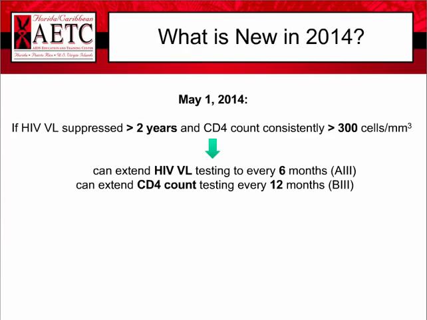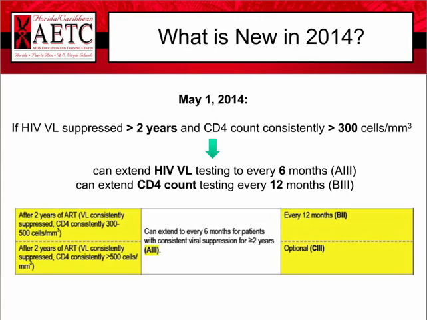It means that your patient doesn't have to come in as often, and it's less hassle for the patient. And we can also extend CD4 count potentially to every 12 months. Now this works clearly in a population who is very adherent and very on top of their medications. It may not work for everyone's patient, but it certainly is possible as the medications are so effective.